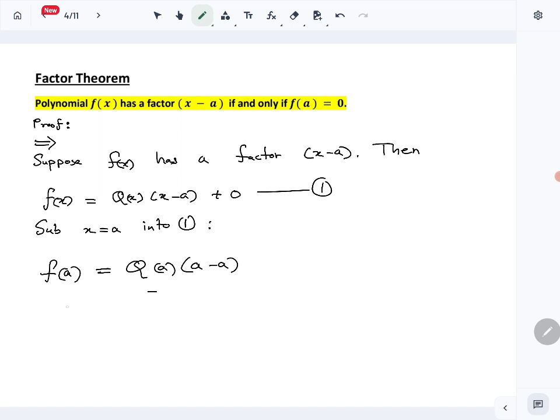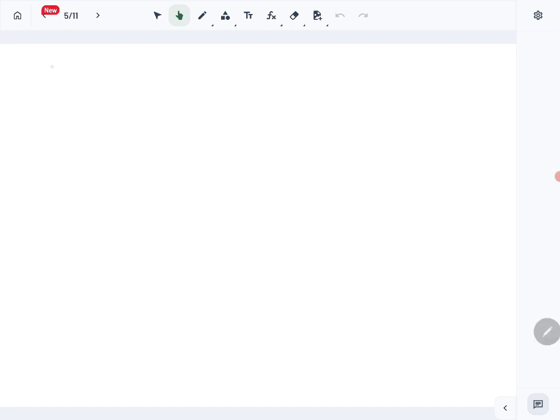So this becomes 0. So then f of a is equal to 0. So the first part of the proof is done. We went in this direction: when x minus a is a factor of the polynomial, f of a is equal to 0, or a is a zero of the polynomial. Now let's do the other direction.